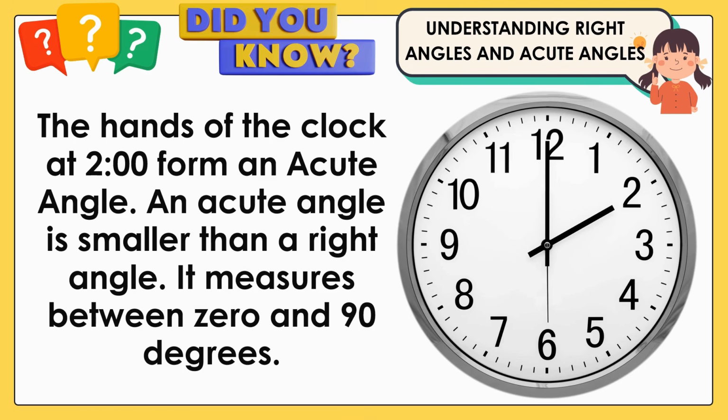The hands of the clock at 2 o'clock form an acute angle. An acute angle is smaller than a right angle. It measures between 0 and 90 degrees.